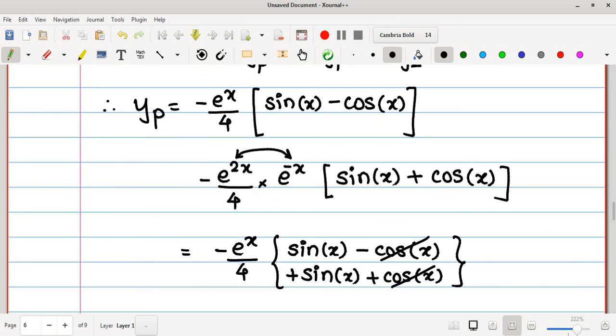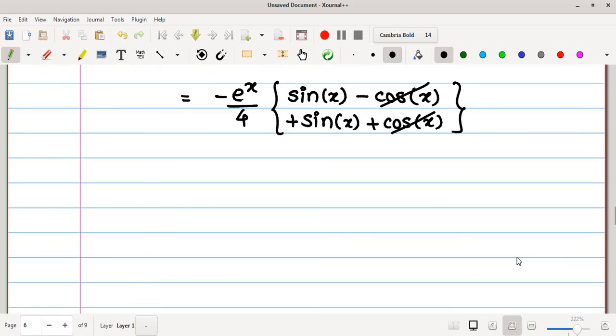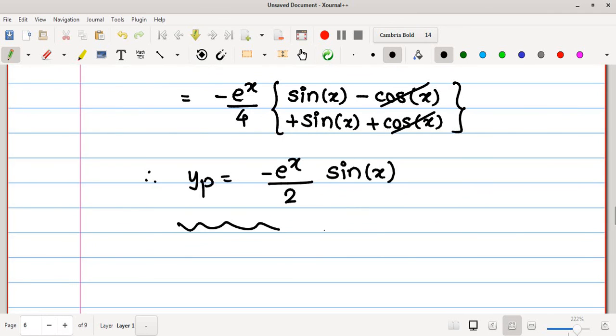So these two terms will get cancelled. So after simplifying, the required value for particular integral is yp is equal to minus e raised to x upon 2 into sin x. So this is the required particular integral.